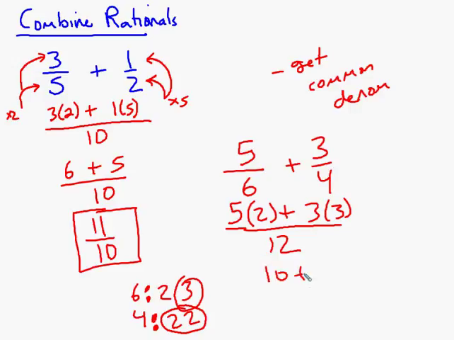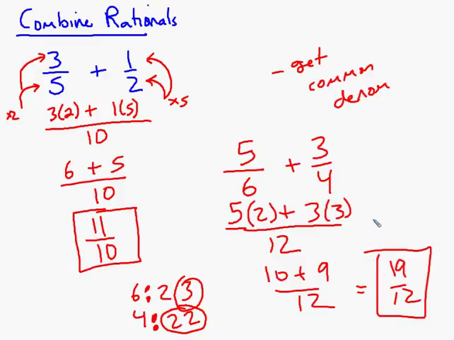So now I have 10 plus 9 over 12, which is 19 over 12. Any questions on how to just add fractions? That's all we're doing, really, is adding fractions. Okay, I'll take that as no questions.